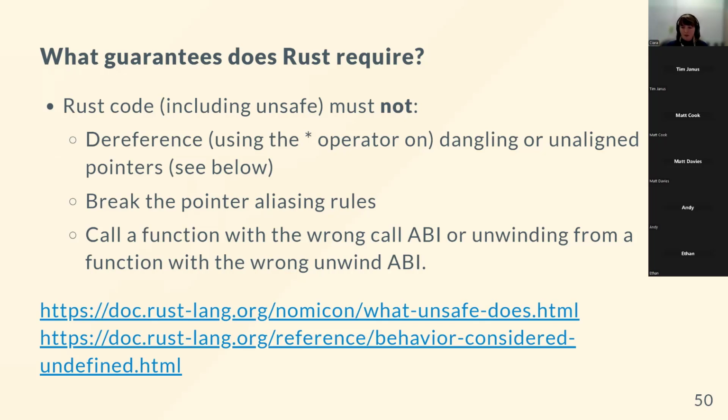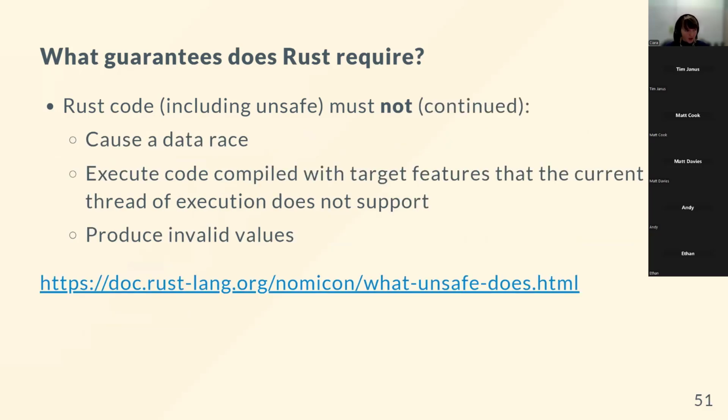That was the thing we talked about quite a few times: if you have a mutable reference to some data, then it needs to be exclusive. No one else can have a mutable reference, and no one else can have an immutable one if you've got a mutable one. Rust code mustn't call a function with the wrong ABI or unwind from a function with the wrong unwind ABI. It mustn't cause a data race.